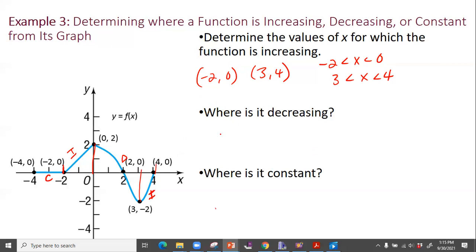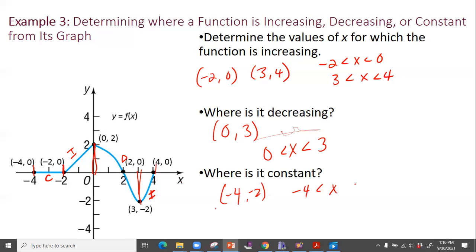My decreasing interval is from 0 to 3, so x values between 0 and 3. And my constant was from -4 to -2.